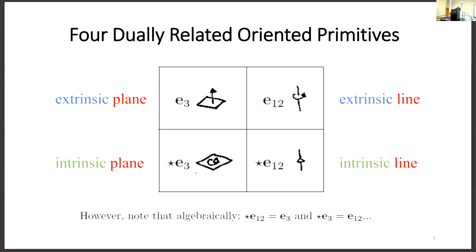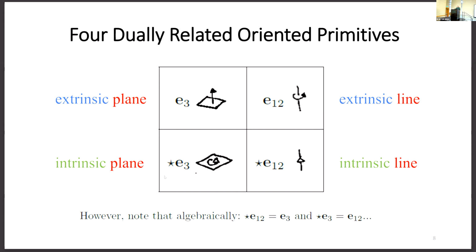The depiction you would give of that is that in the plane-based geometric algebra, if I have a plane sticking out in the direction E3, so that's a plane that looks like this, then that is an extrinsic plane with a normal vector that says, this is the outside and this is the inside.